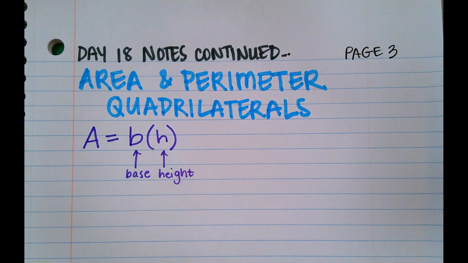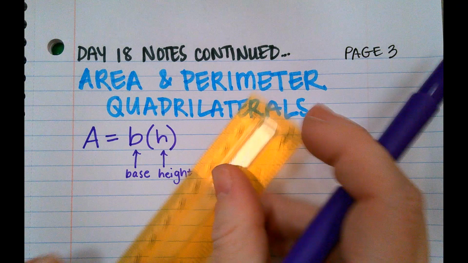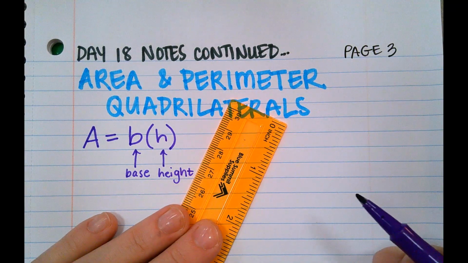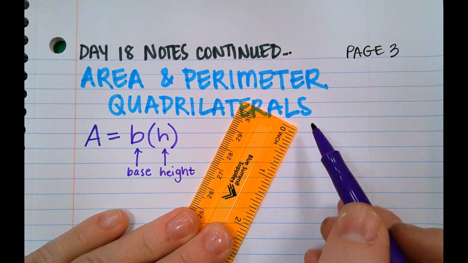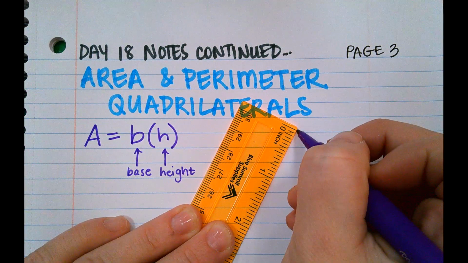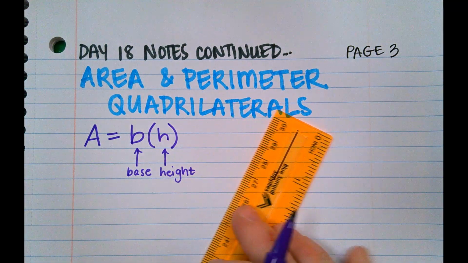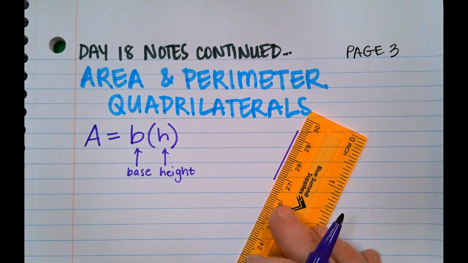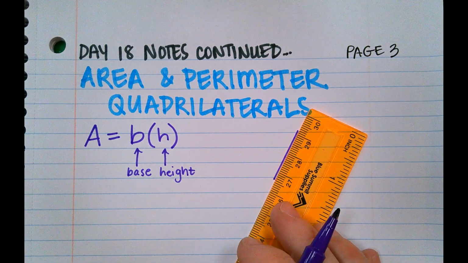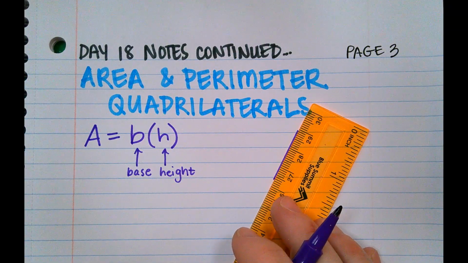Find the area of a parallelogram, for example. Let's draw a little parallelogram. Over to the side, I am going to start with a tilted line that is 1 inch long. Then I'm just going to slide my ruler over and draw another 1 inch long line.